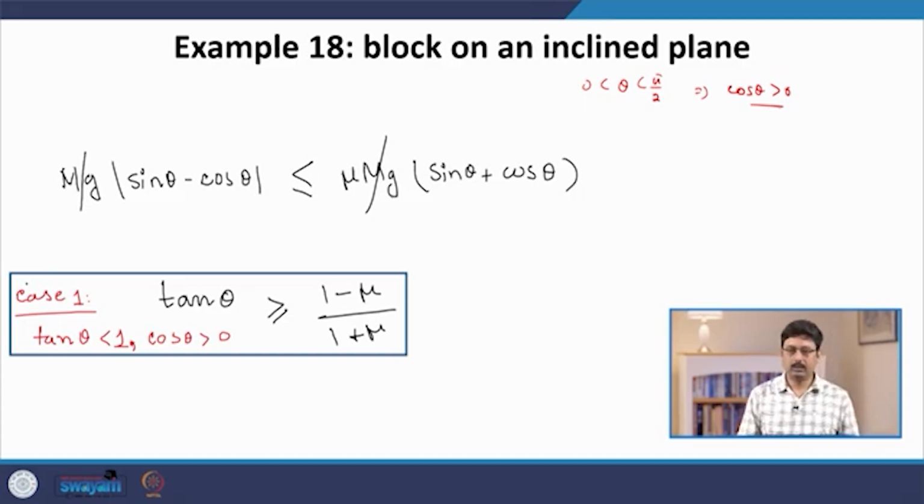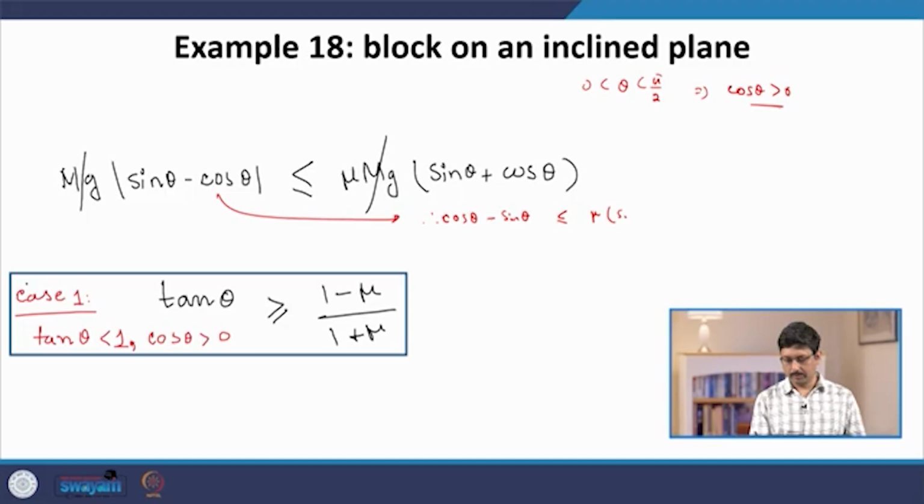So, first let us consider the situation where tan theta is less than 1, which means sin theta is less than cos theta. In this case mod of sin theta minus cos theta will be cos theta minus sin theta, which is less than or equal to mu times sin theta plus cos theta.